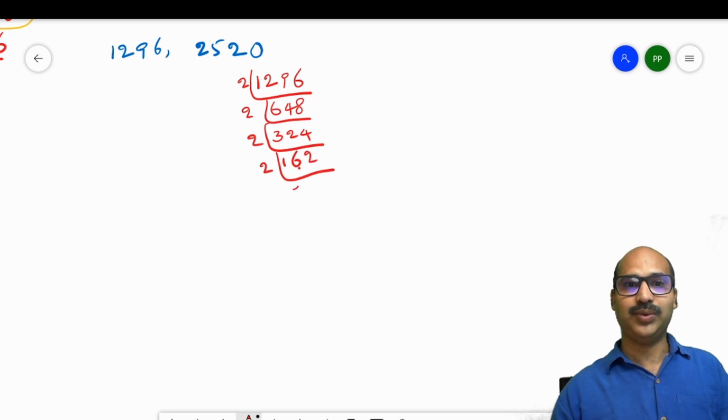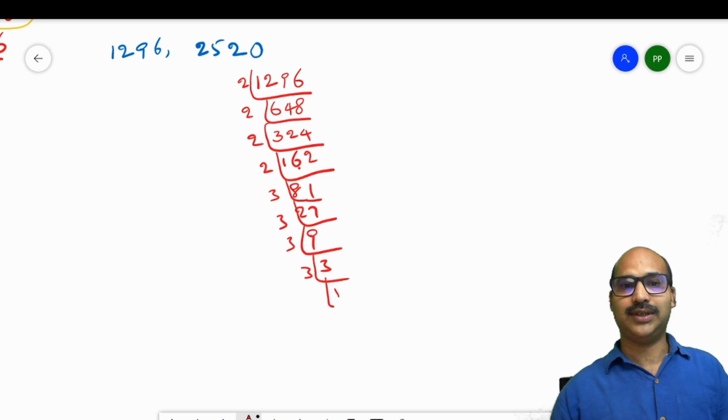Again 2 8s are 16, 81. Again here 81 is there as 3 2s are 6, 3 7s are 21, 3 9s are 27, 3 3s are 9 and 3 1s are 3.